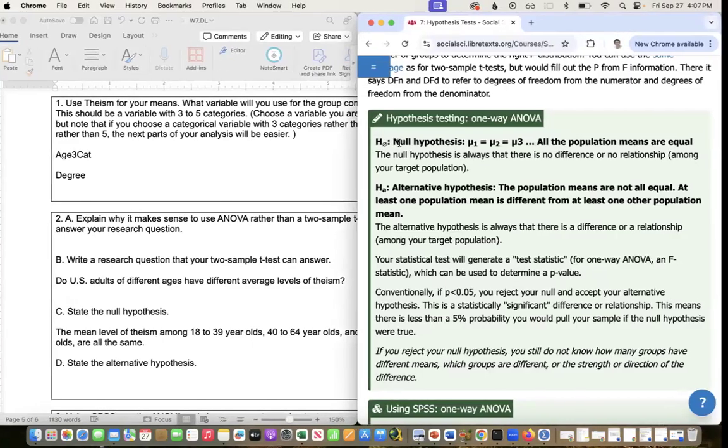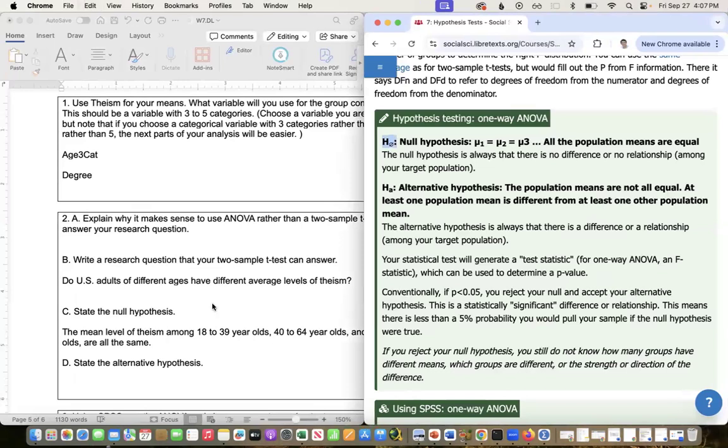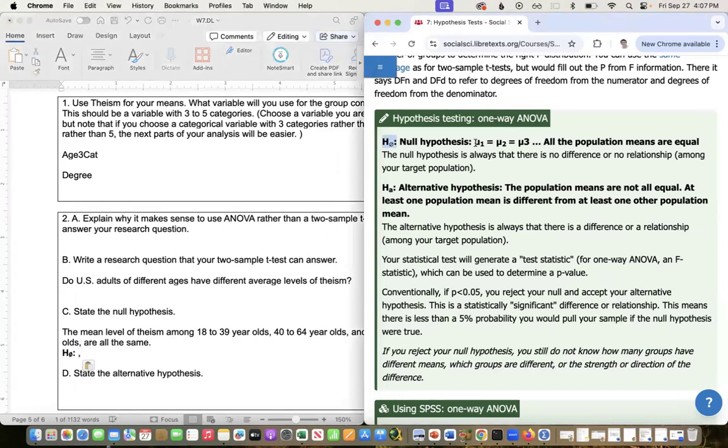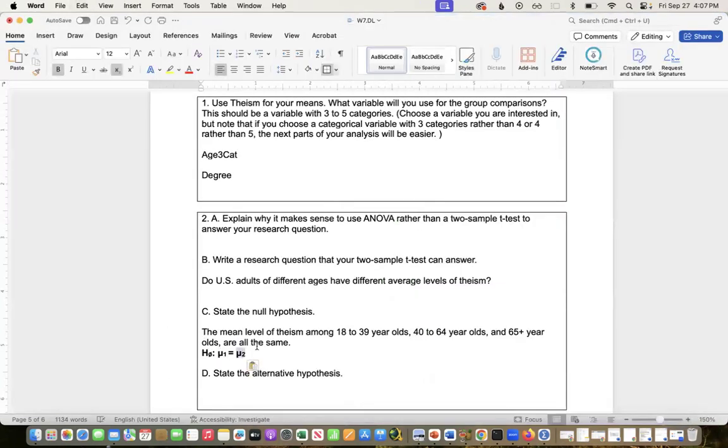I could also write it a different way. The null hypothesis is that the mean for the 18 to 39-year-olds is the same as the mean for 40 to 64, is the same as the mean for 65 plus.